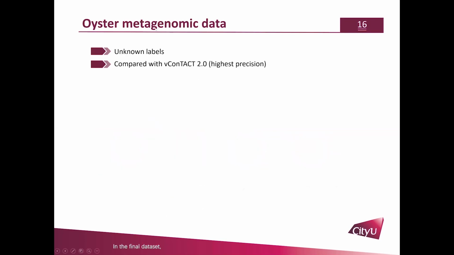In the final dataset, we use the oyster metagenomic data to test our model. But because this is a new dataset, we don't have the reference genomes for the contigs, which means we don't have the ground truth. We compare the result with vContact because it has the highest precision compared to other methods.